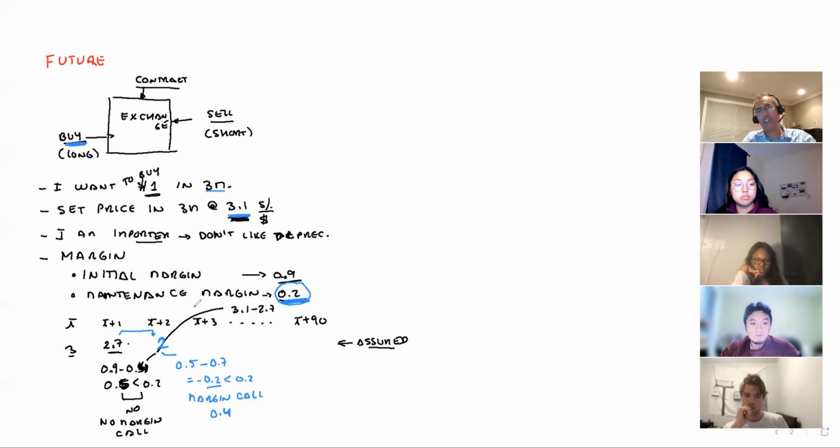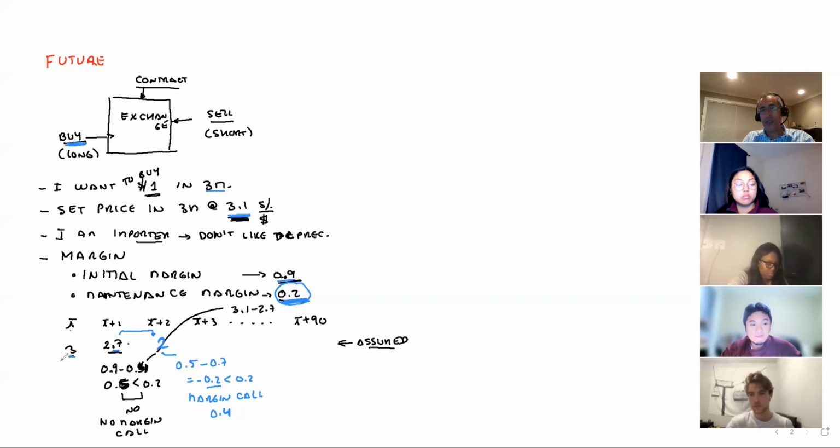Let me explain this. We started here, the price was 3. Next day, the price goes to 2.7. Now you can imagine immediately your incentive to default on the future is very high, do you agree? Because what you can say is, instead of paying 3.1, I go to the market and pay 2.7. So it's much better for me to go to the market. However, remember that you already have deposited 0.9.